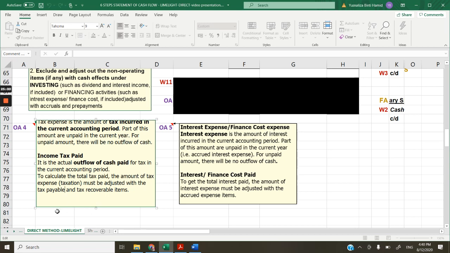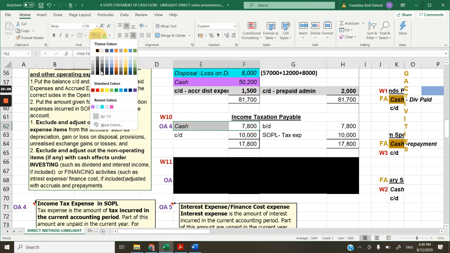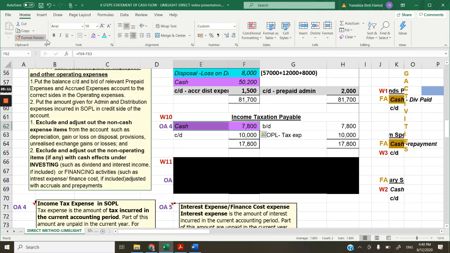But that was not in this question. So the actual outflow of cash paid for the tax is this amount, which is the one that you will show under your operating activities. I will show that later. Let me just finish off with this.